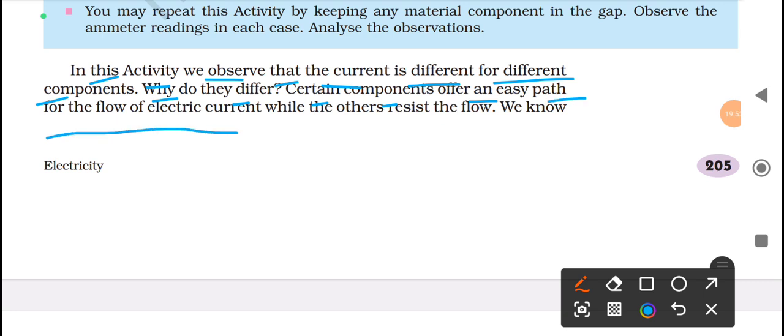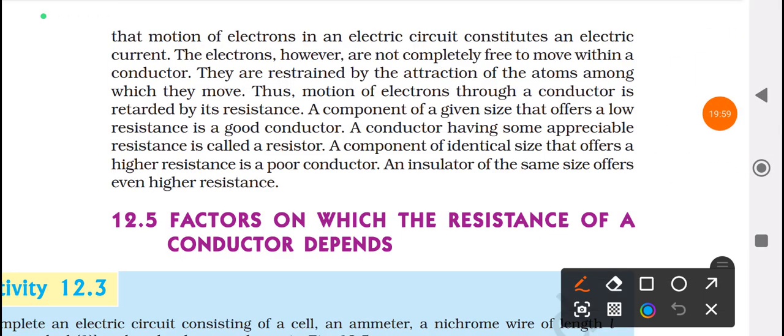Why do they differ? Certain components offer an easy path for the flow of electric current, while the others resist the flow. We know that motion of the electrons in an electric circuit constitutes an electric current.